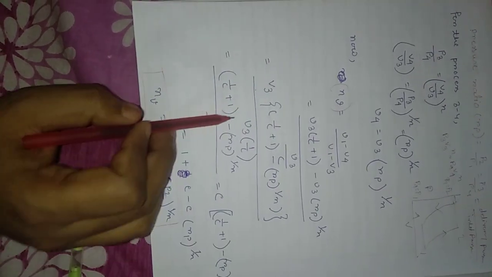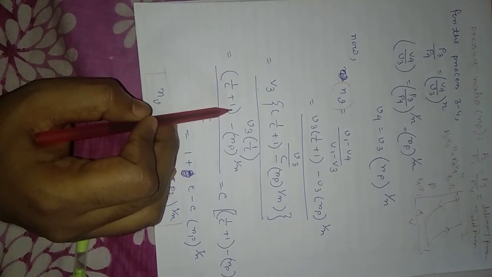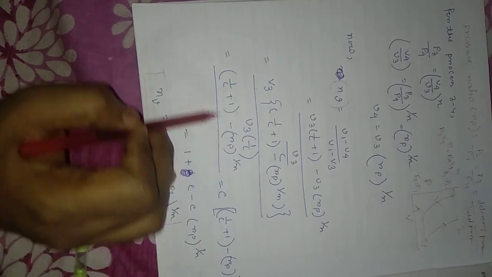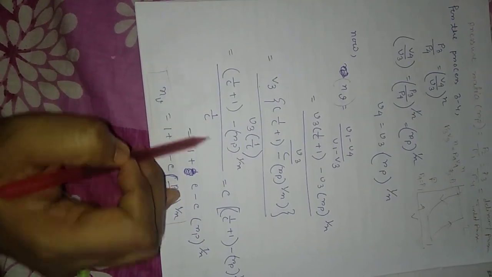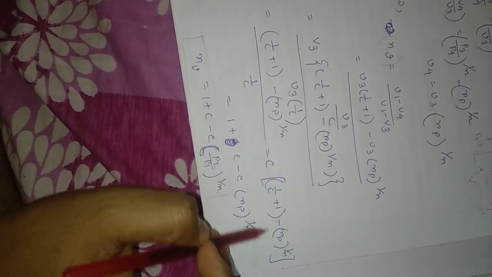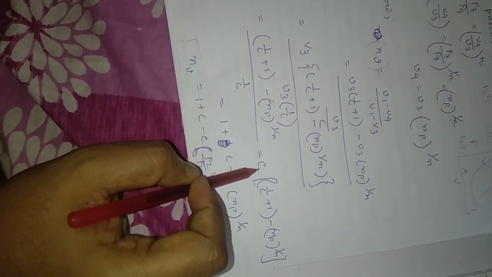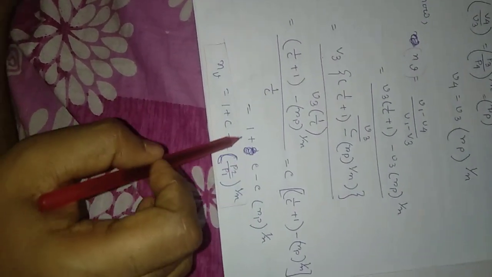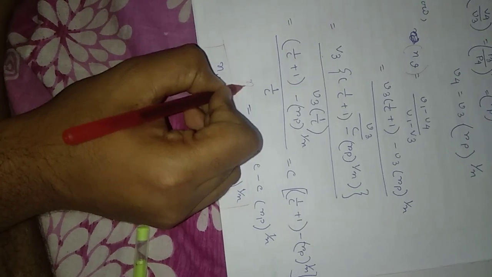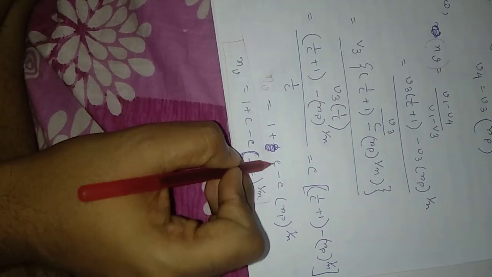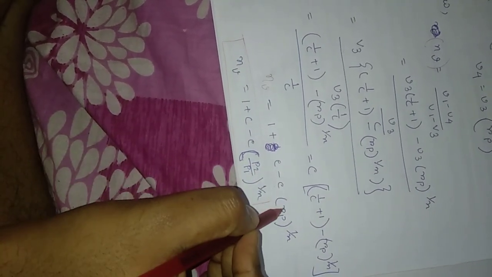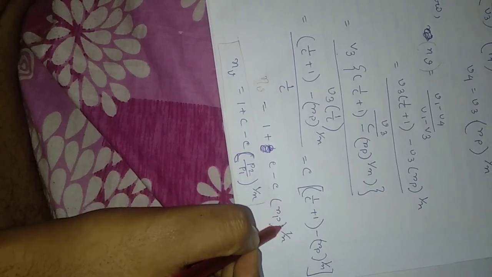So ultimately the expression is 1 plus C minus Rp to the power 1 by n, divided by 1 by C. Now this is the algebraic calculation, so C will be common from that term. So after all, the final expression of the volumetric efficiency will be 1 plus C minus C into Rp to the power 1 by n.